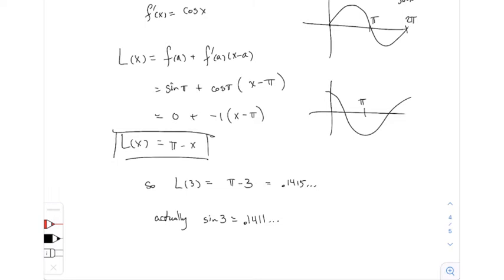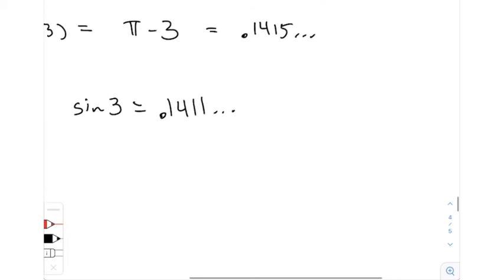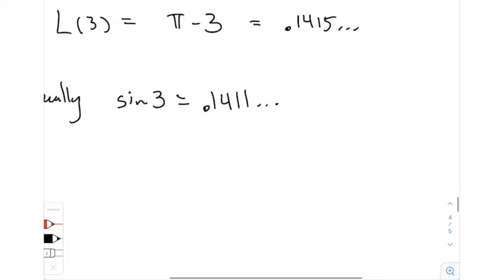What if instead of 3 radians, I had said 3 degrees? What about sine of 3 degrees? I don't want to do the whole thing here, but what will be different?